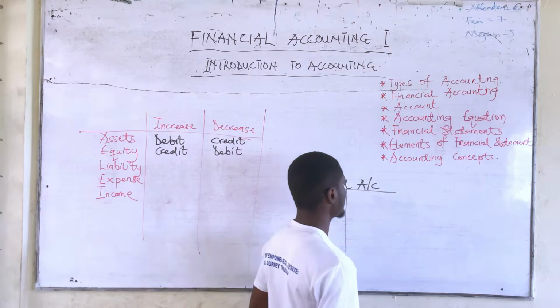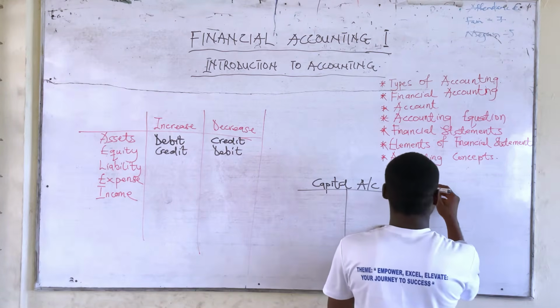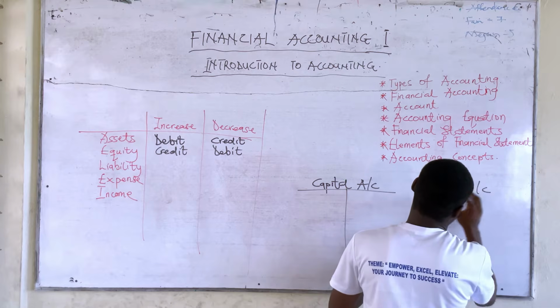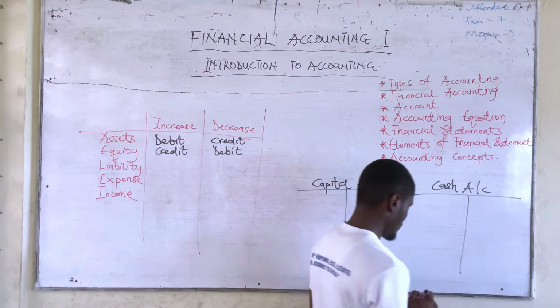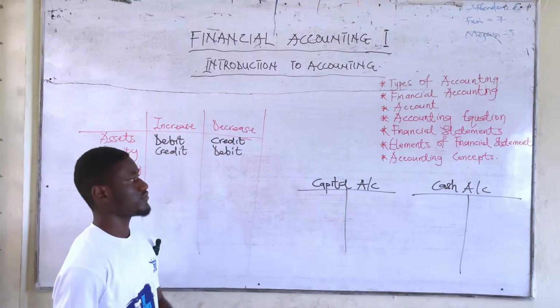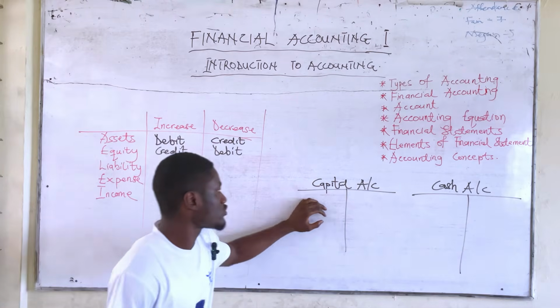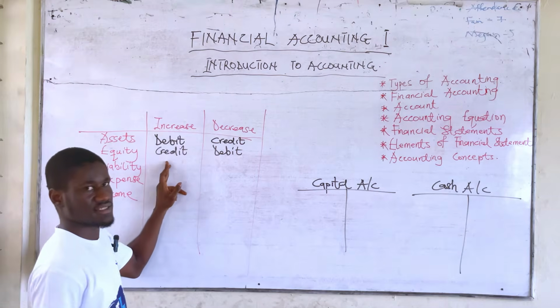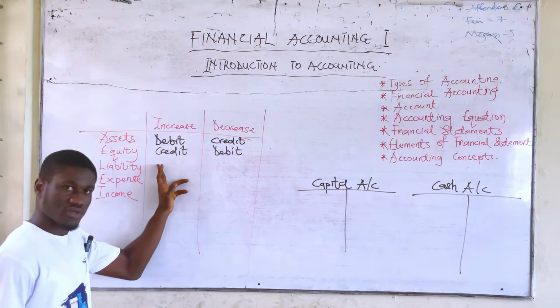Started business with cash, we have the cash here, making it simple for us to understand. With the capital, we know that when the capital increases, we have to credit.